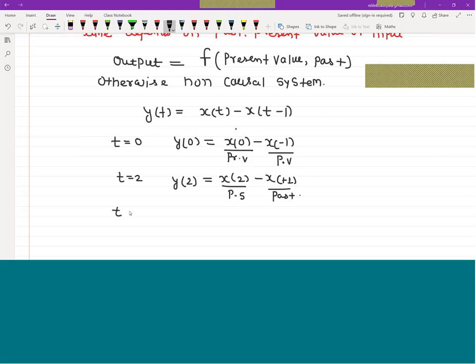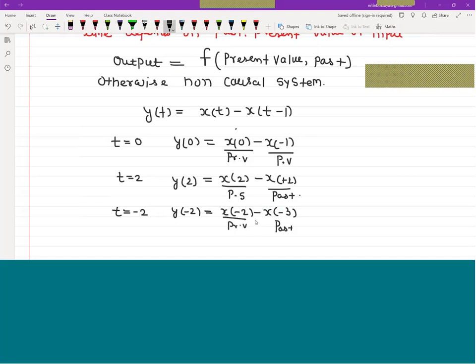Let's take one number as negative number. So t equal to minus 2, y(minus 2) is what? x(minus 2) minus x(minus 3), and this is present value and this is past value.